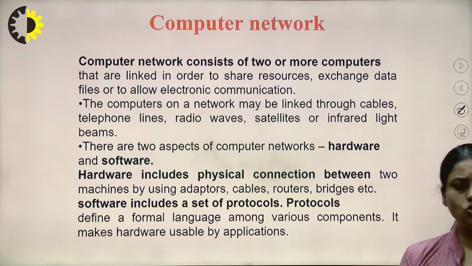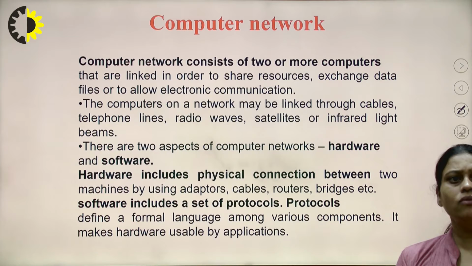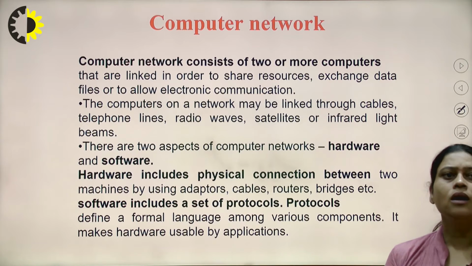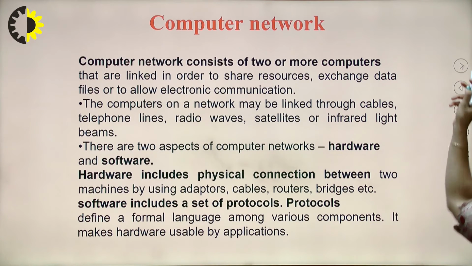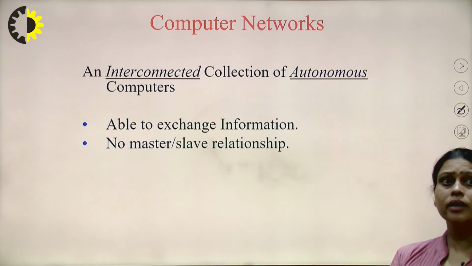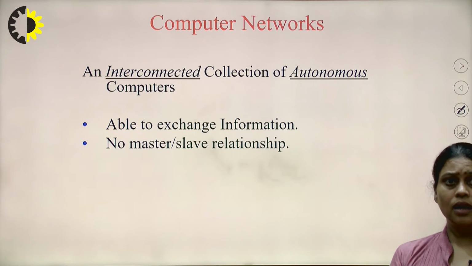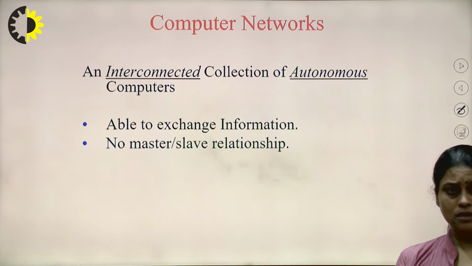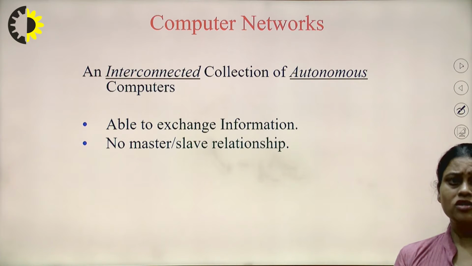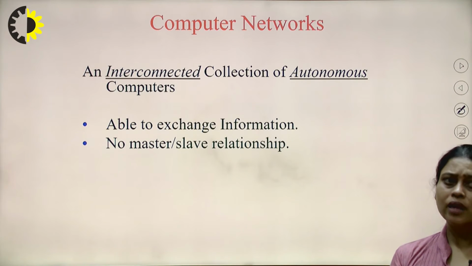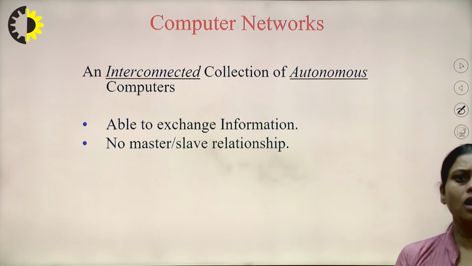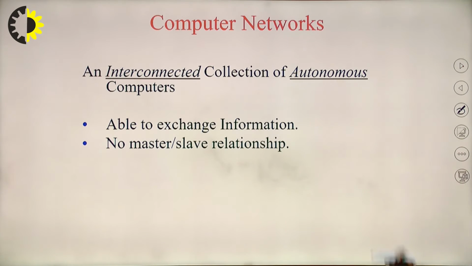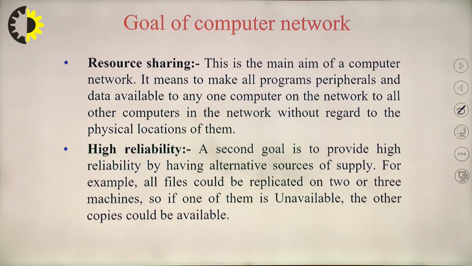So, these two components are necessary for creating any network: one is hardware and the second one is software. So, a computer network is a collection of autonomous computers which are used for exchanging information, and there is no need of any master or slave computer when we design a network.